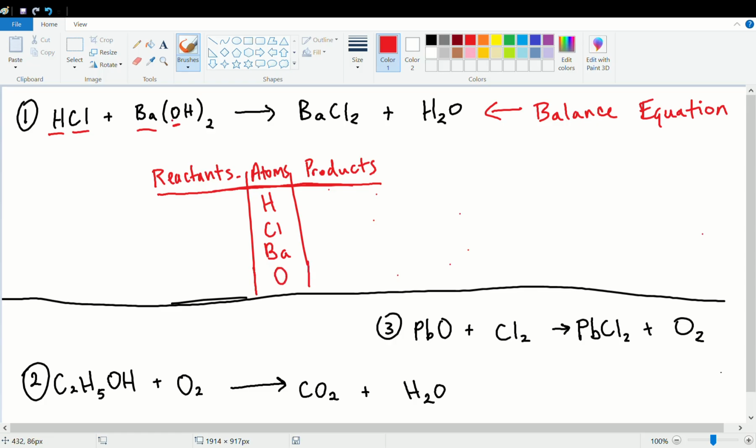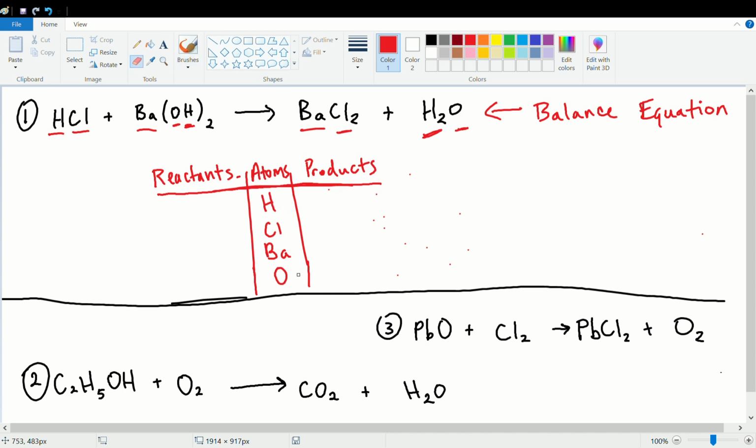And then we notice we have H here again, but because H is already listed in our list, I'm not going to repeat it. And then we notice on the other side, I have a barium atom, which is already on the list, a chlorine atom, which is already on the list, a hydrogen atom, which is already on the list, and an oxygen atom. So we see that all of our atoms are listed in the table.